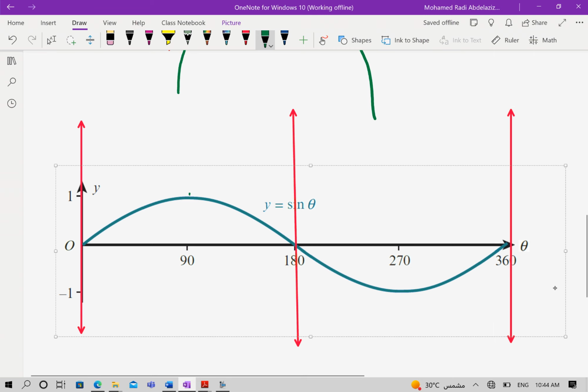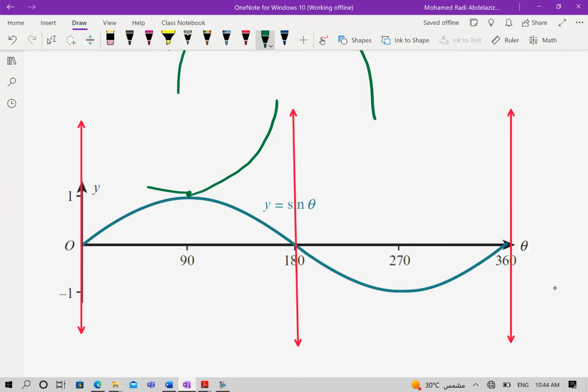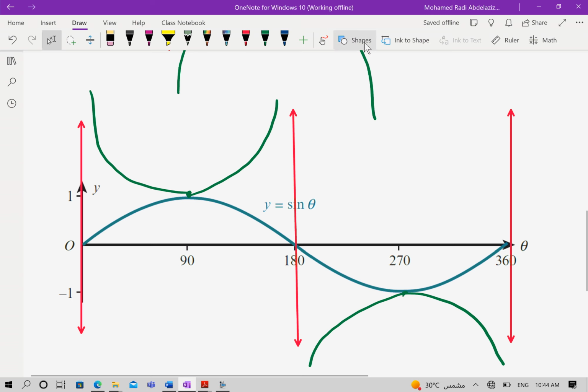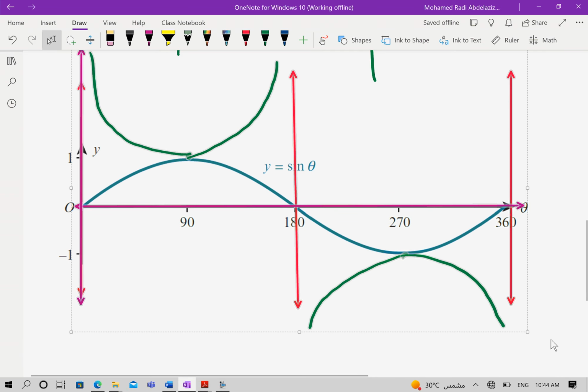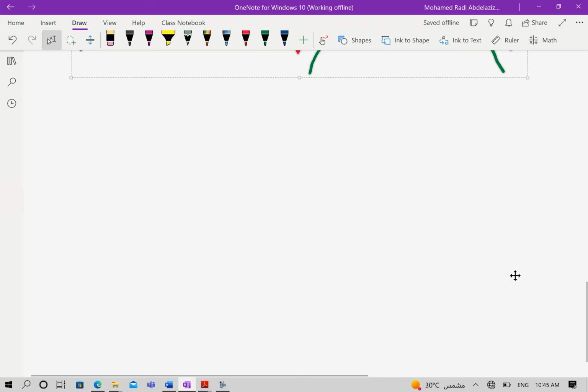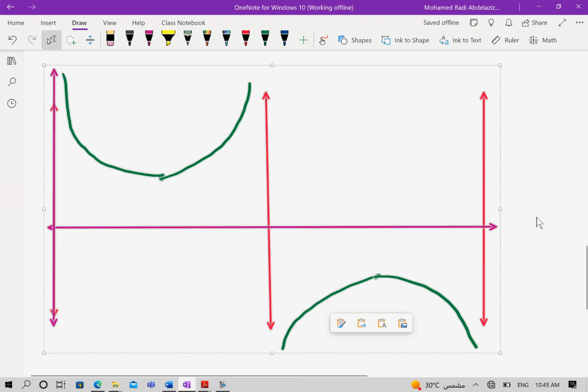This part at 1 reflected up, and the second part reflected down. This is the graph of cosec.